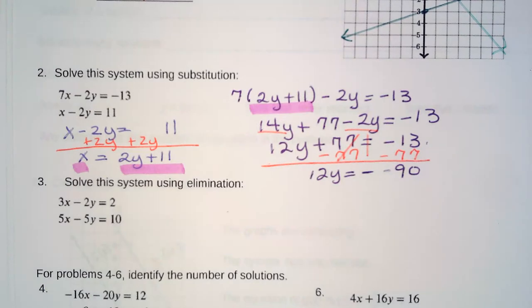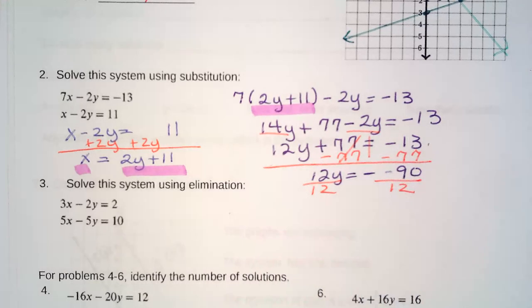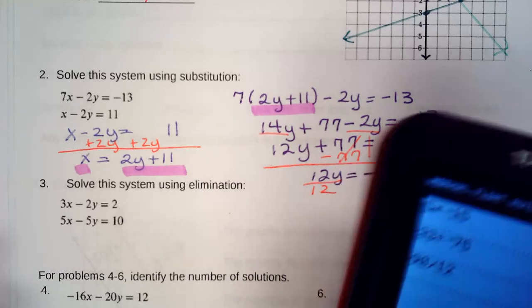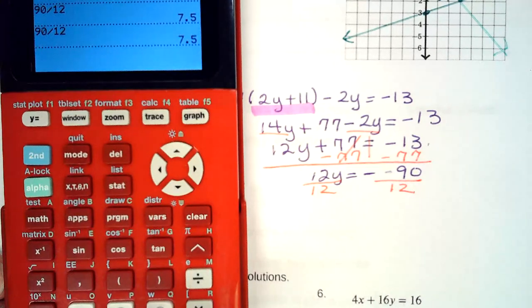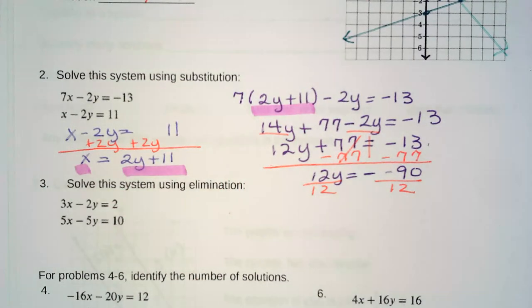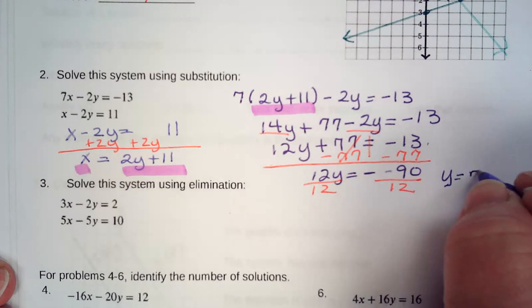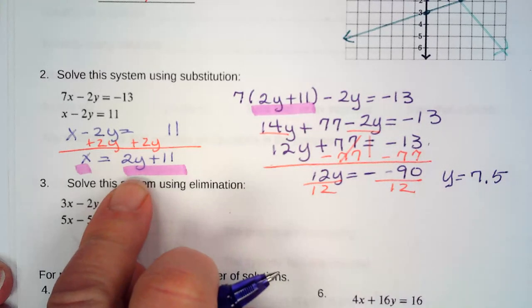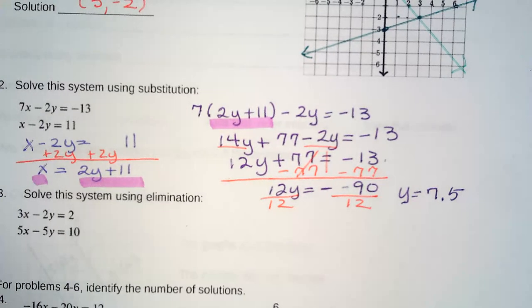Last step is to divide by 12 on both sides. So 90 divided by 12 gives me 7.5. So y is equal to 7.5. But now I've got to find x, and I will use the expression x is equal to 2y plus 11.